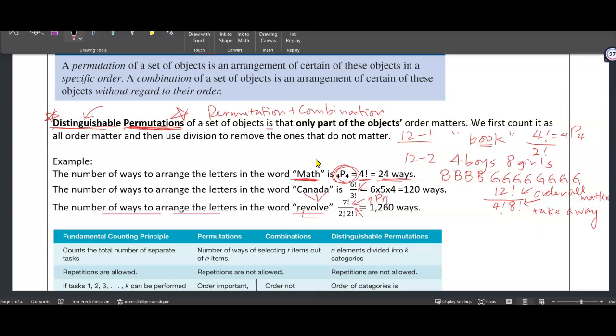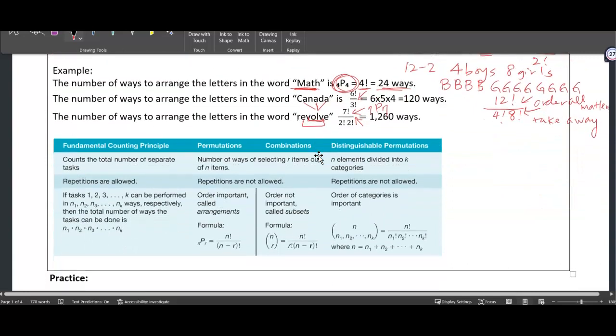The 2 E's, order doesn't matter, so we divide by 2 factorial. And the 2 V's, order doesn't matter because they're the same, so we divide by another 2 factorial. Make sure both 2 factorials are in the denominator for the takeaways. All right, this last one we did before, we just didn't call it distinguishable permutation at that time.